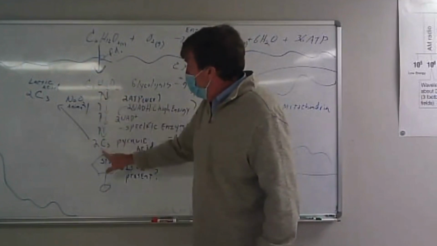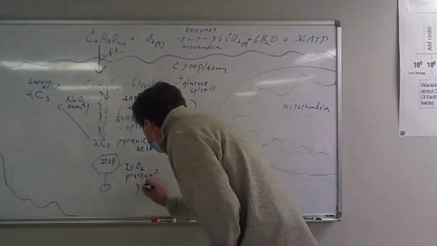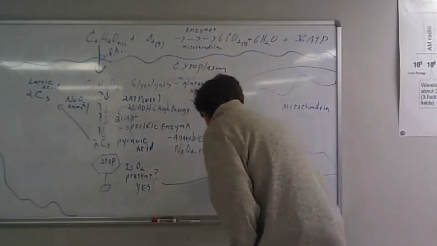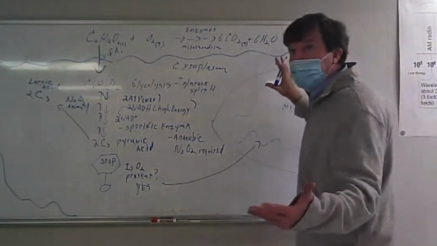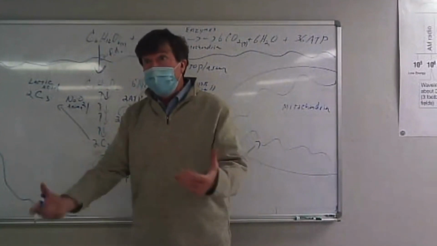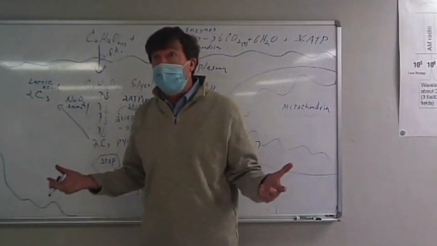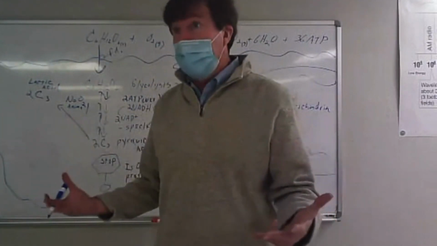So glucose is broken down to pyruvic acid. If oxygen is present, yes, then notice we go to the mitochondria and we get lots of ATP for your muscles to contract. By the way, your heart beating, that's a muscle contracting. And as you sprint, your skeletal muscles are contracting. So ATP is a requirement for that.